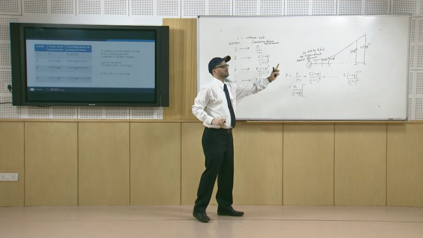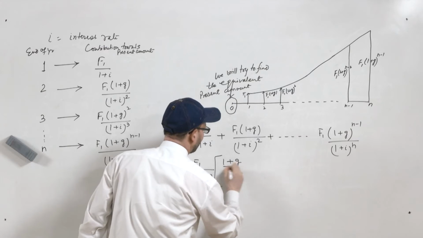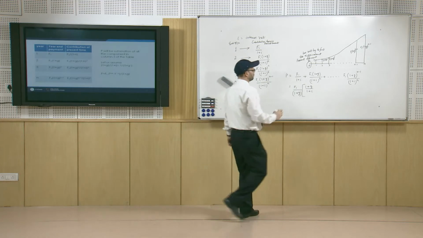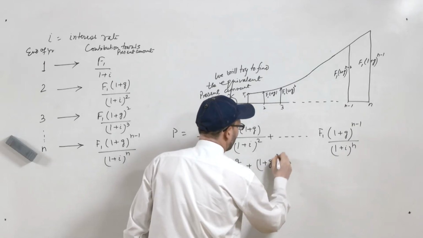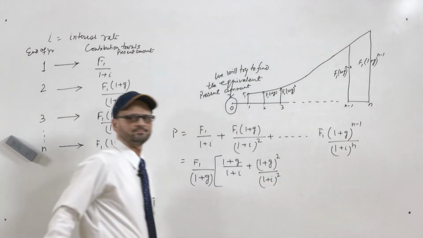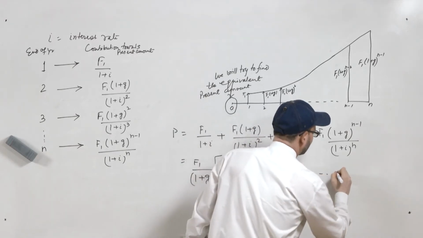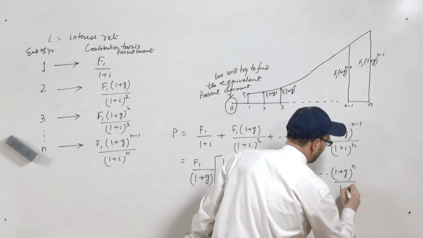So, 1 plus g will be multiplied to each term. So, the first term becomes (1 plus g) by (1 plus i), the second term becomes (1 plus g) square by (1 plus i) square. This way the nth term will be (1 plus g)^n by (1 plus i)^n.